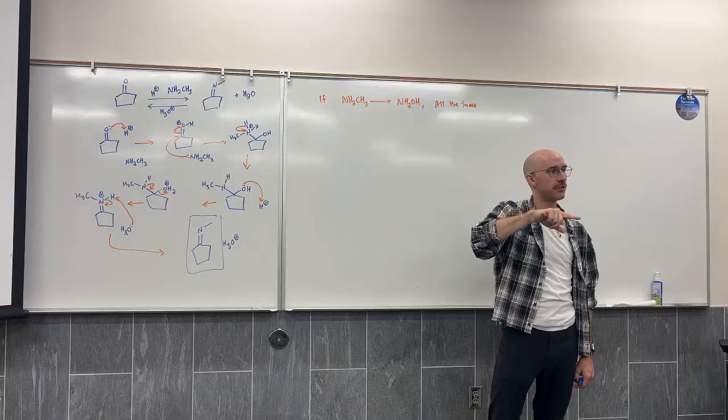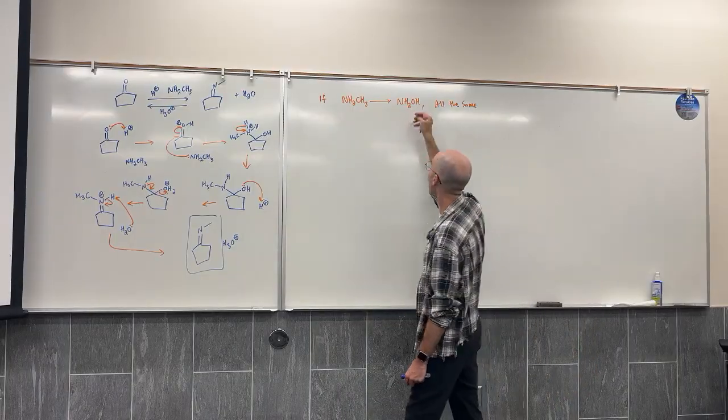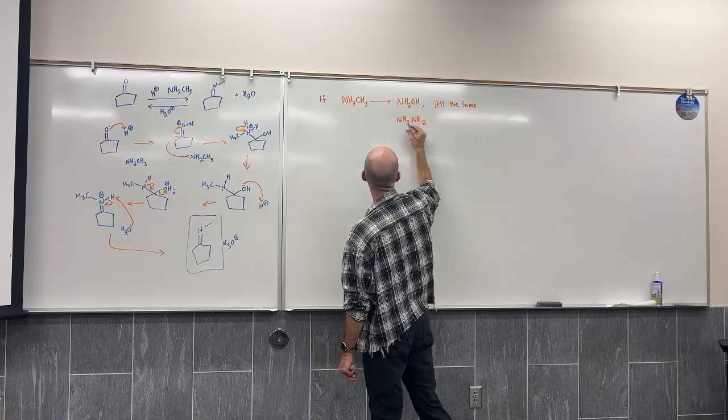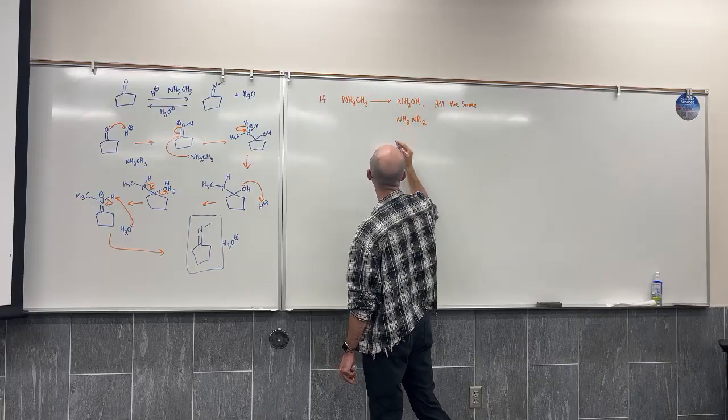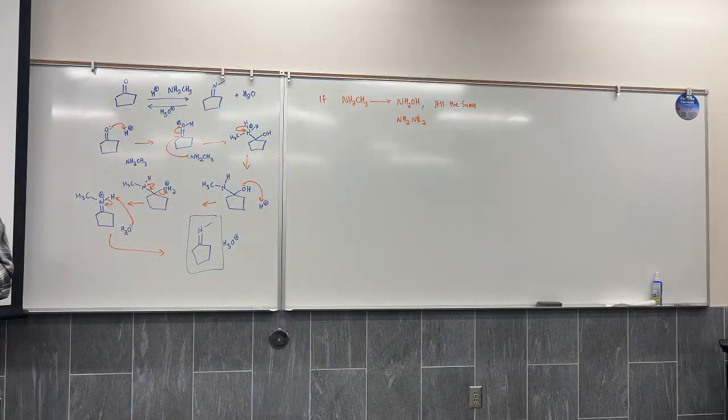If you substituted the methyl for an OH or an NR2, nothing changes. It's just that the nitrogen has a different set of things coming off of it. The entire mechanism stays the same.